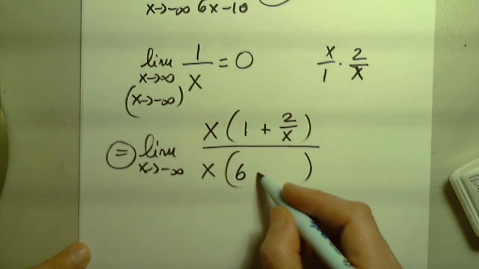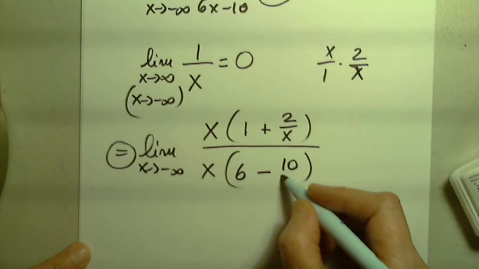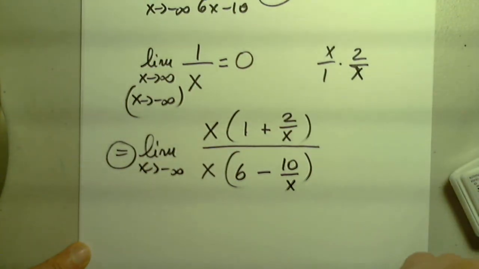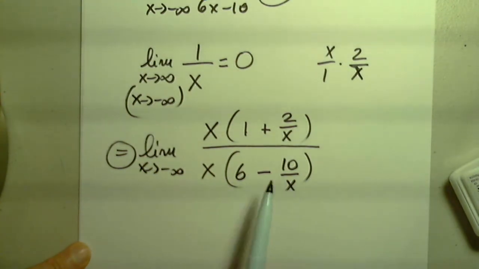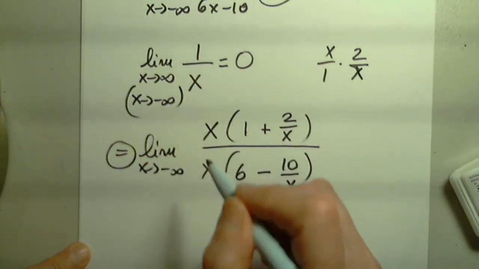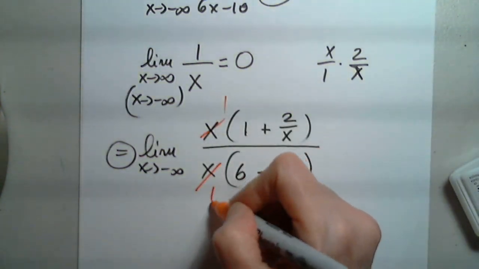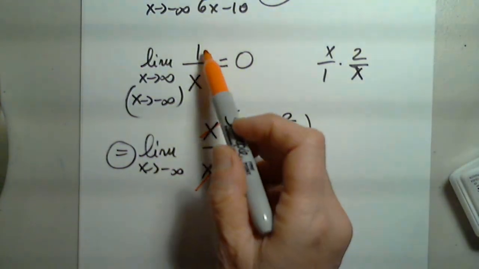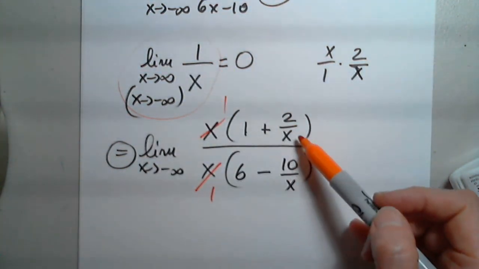And then minus 10, I guess, right? Over x. That's it. So x times 6 is 6x. X over 1 times 10 over x is 10. Now you allow me to simplify something? The x. Of course. And now stay with me. 2 over x or 1 over x, same thing.